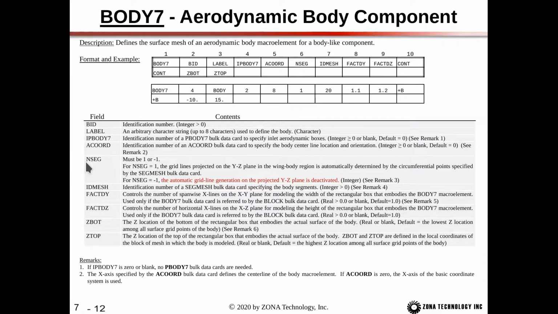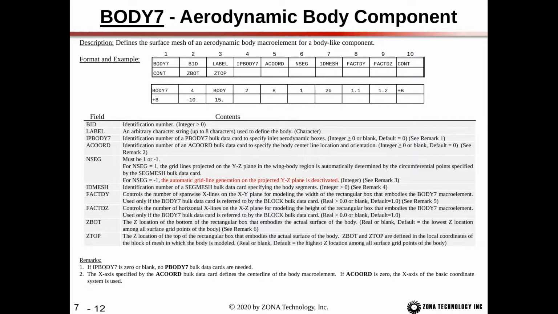If you have a body with no CAEROZ adjacent to it, then basically you'll want to set NSEG equals 1 to allow ZEUS to automatically generate all of the grid lines for you. If you have a CAEROZ adjacent to a body 7 and they're in the same block, so if you have a fuselage and wing, then most likely you'll want to set NSEG equals -1 and use a GAPZ card to manually control the vertical spacing of the grid lines above and below the wing.